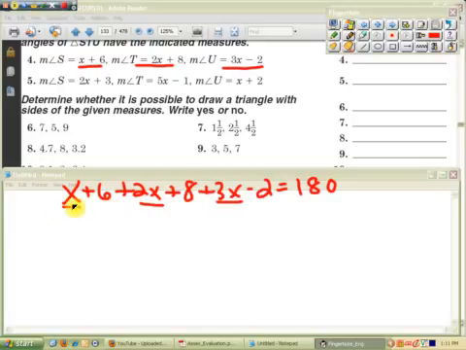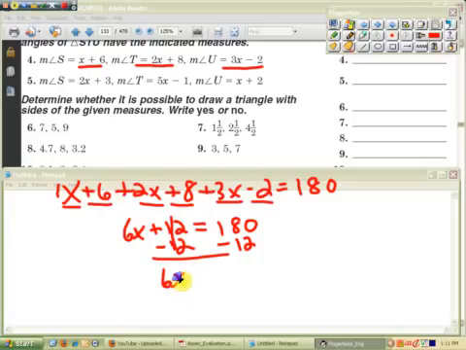You add up the like terms here because they're all positives. It's 1x plus 2x plus 3x. That's 6x. The other like terms are here, plus positive 6, positive 8, and a negative 2. So that's 6 plus 8 is 14, minus 2 is 12, equals 180. Now you subtract 12.